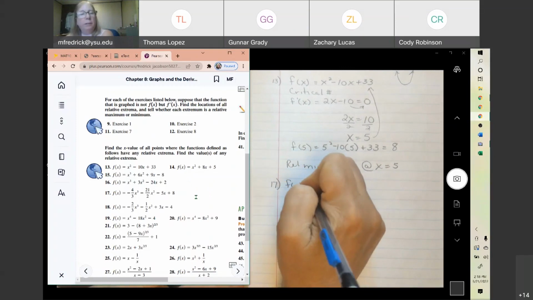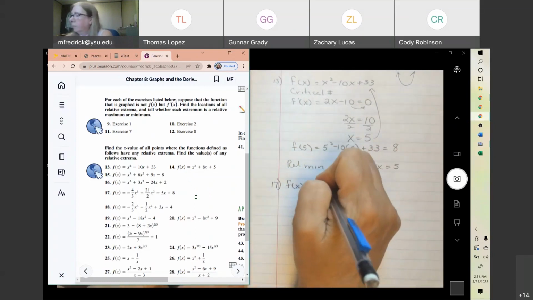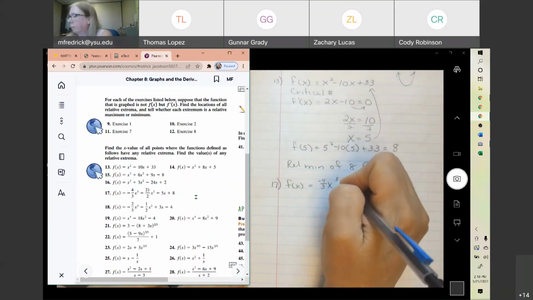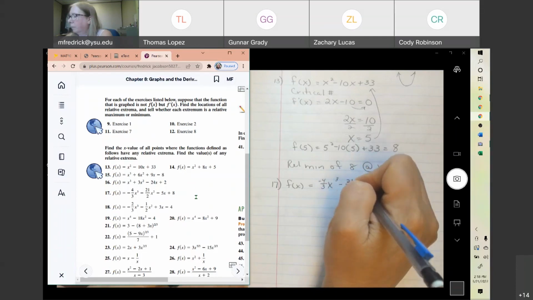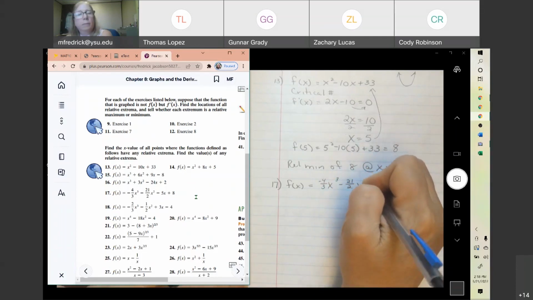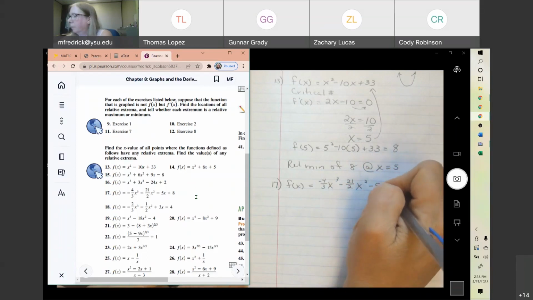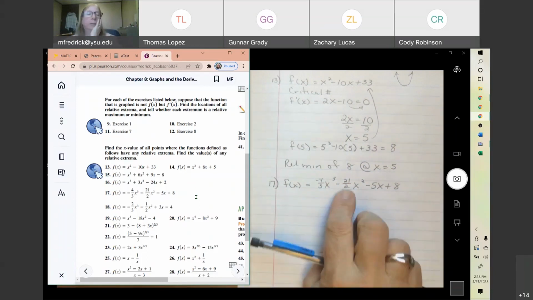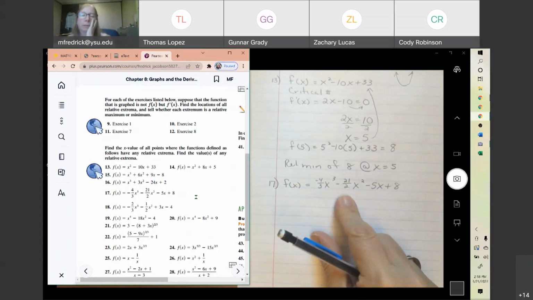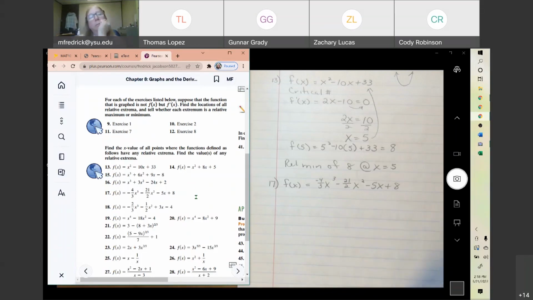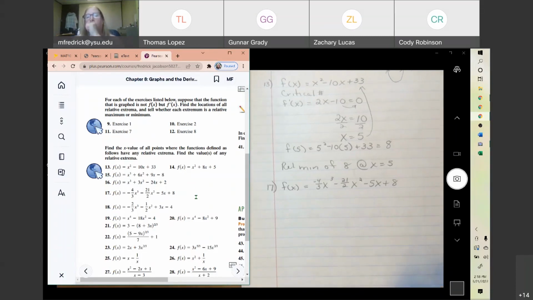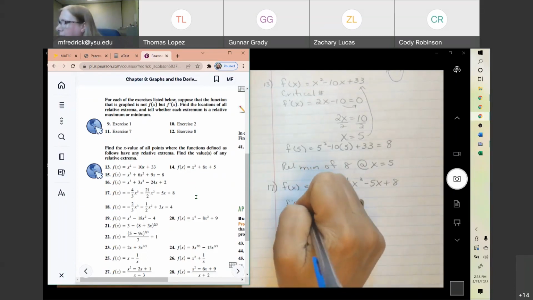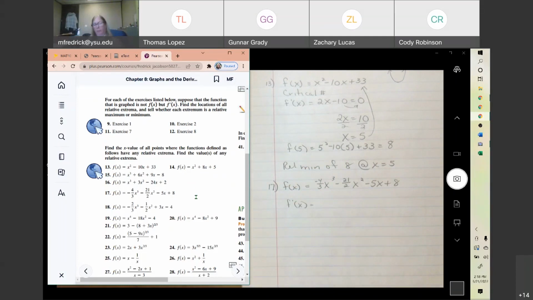So go ahead and take the derivative. So the first thing you want to do is take your derivative and set it equal to 0 to get the critical numbers.